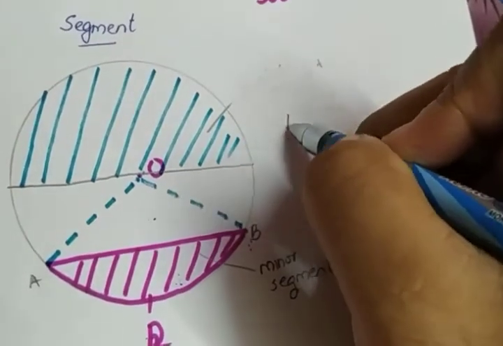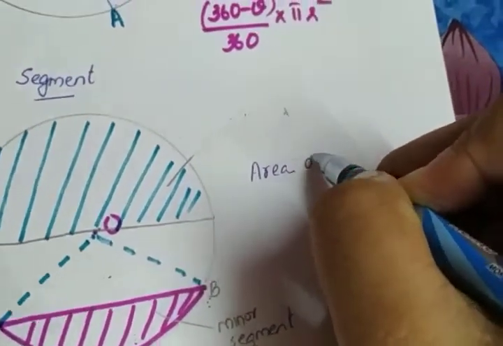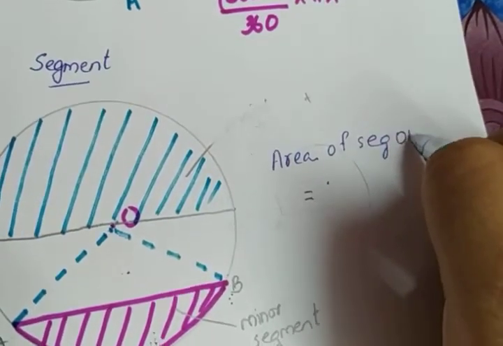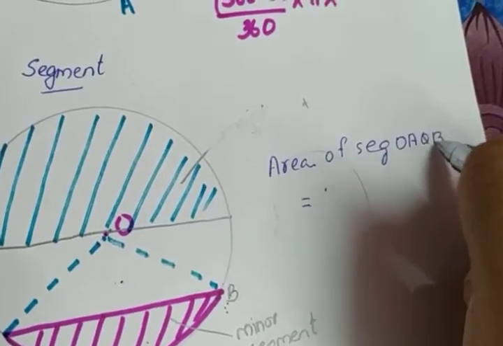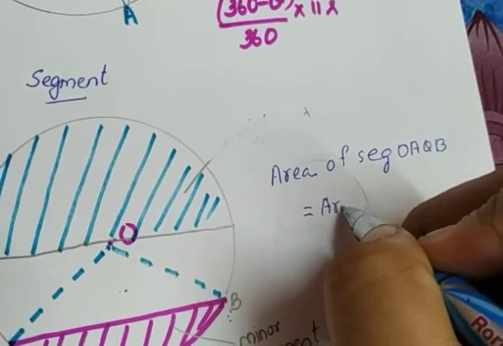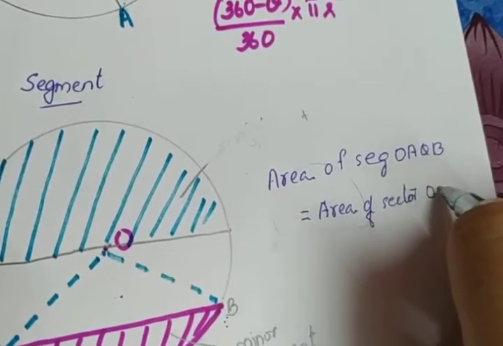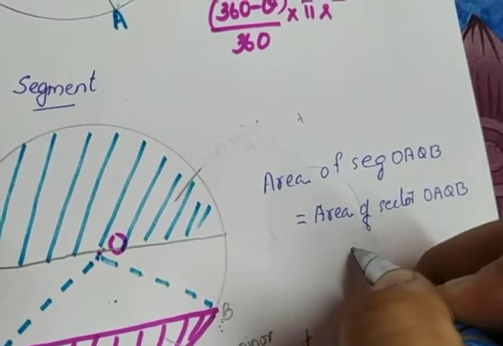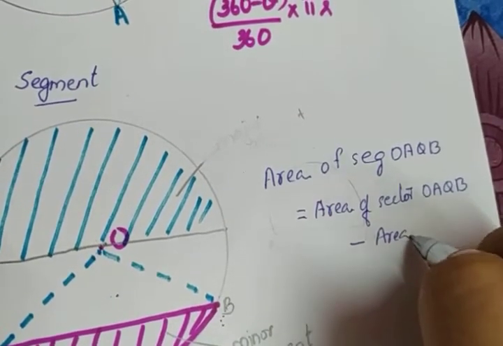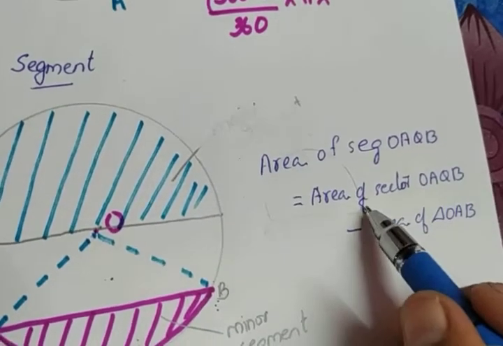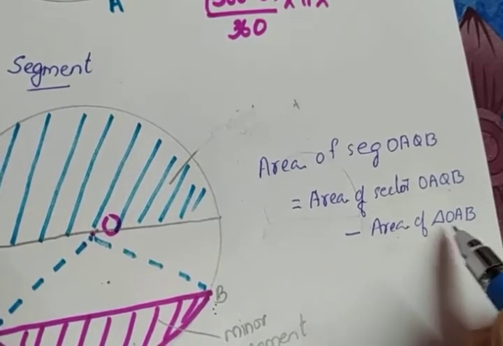So we will write area of segment OAQB is equal to area of sector OAQB minus area of triangle OAB.